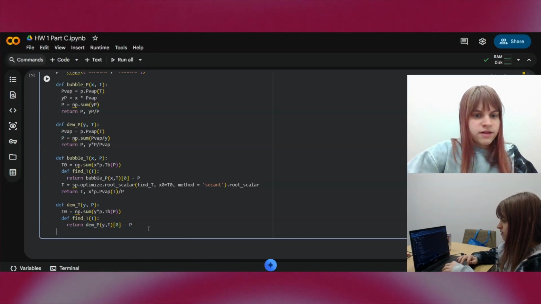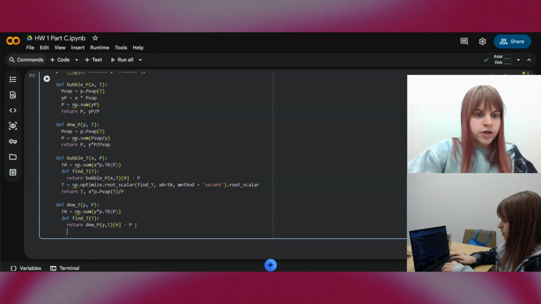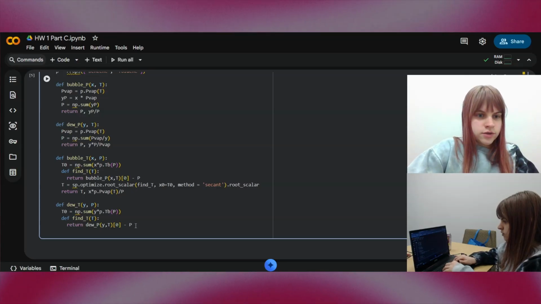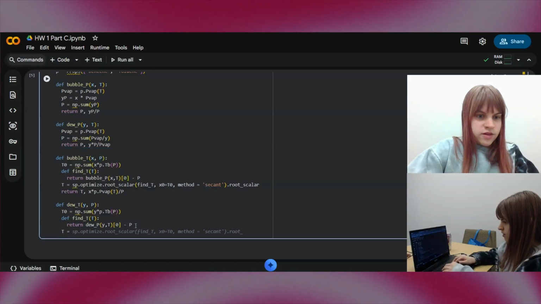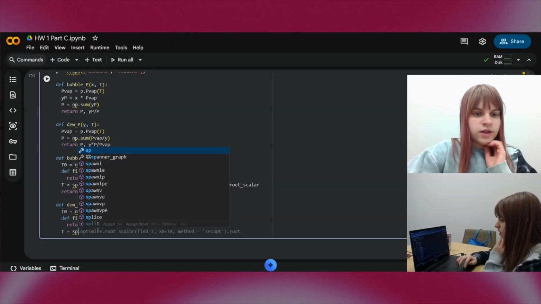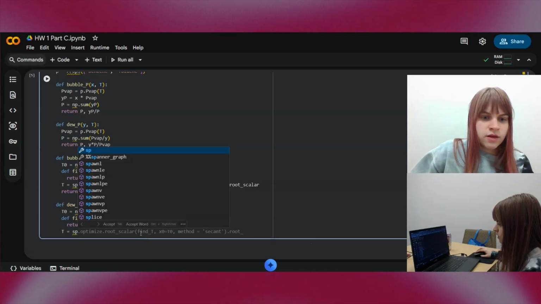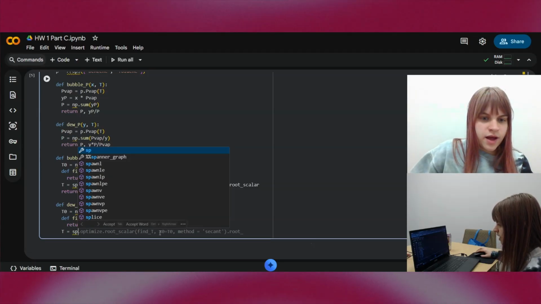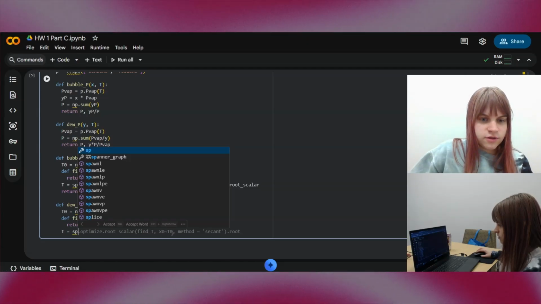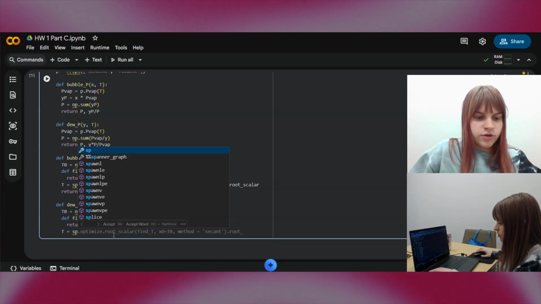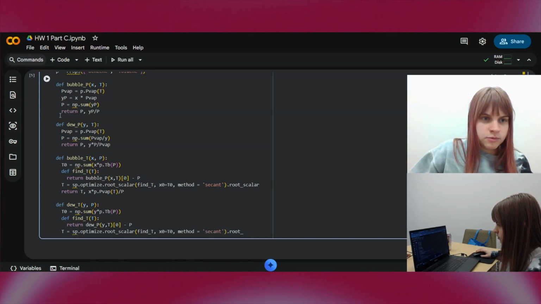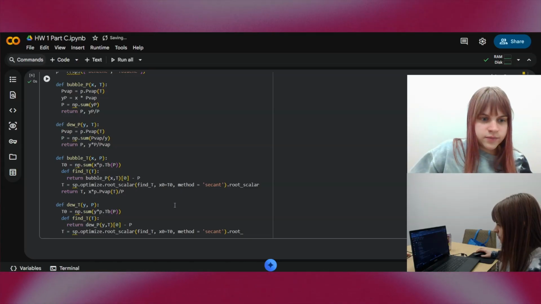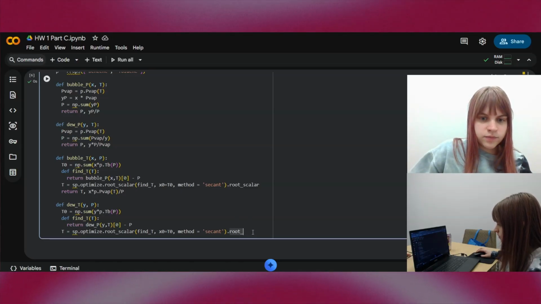So we want to minimize this like we said earlier, and we would like to optimize our find T function at x0 equals the first temperature, and we'll use that same method. I'm going to run this and see what it looks like, and it looks like it's good.